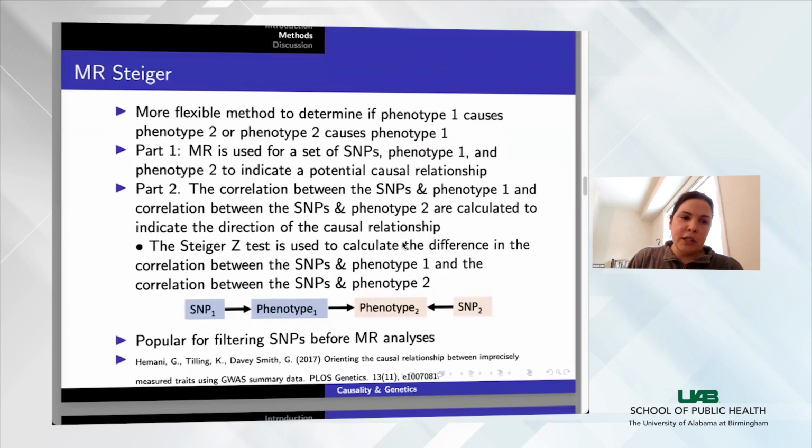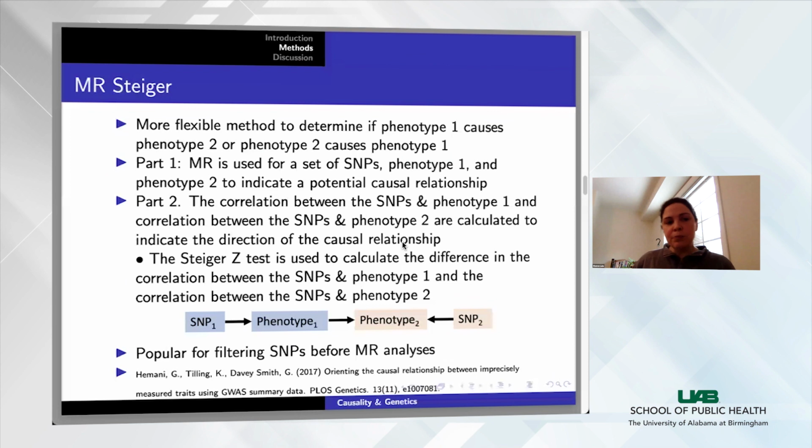So within our MR framework, they've kind of expanded out. So standard MR, we're very much focused on establishing if exposure causes the outcome, or if phenotype 1 causes phenotype 2. But in this framework, we're very much assuming that this arrow is correct, that it is actually true that phenotype 1 causes phenotype 2, and you're just trying to establish if the arrow is there, not necessarily the direction of the arrow.